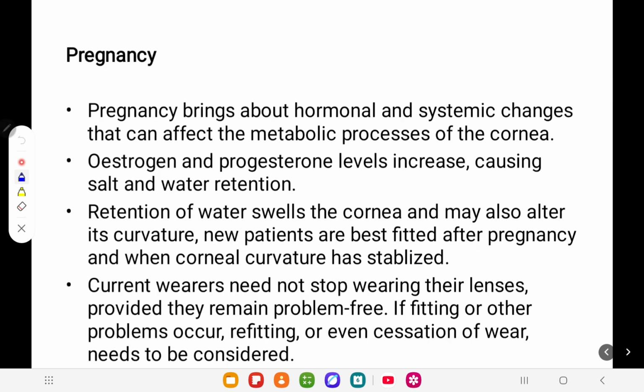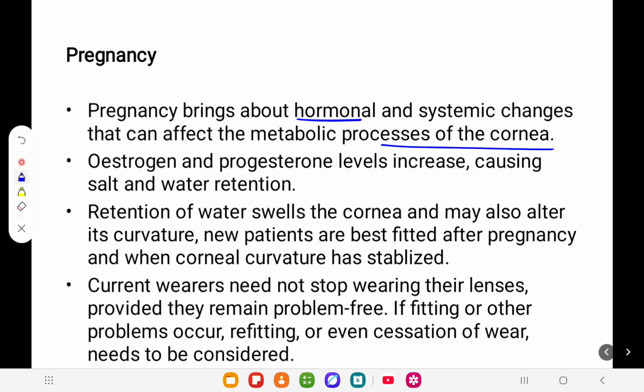So pregnancy, why is pregnancy important? Because pregnancy brings hormonal imbalance, and systemic changes that can affect the metabolic process of the cornea. There is even a rapid change in tear volume and dryness, and the cornea sometimes swells. It's a very fluctuating situation.